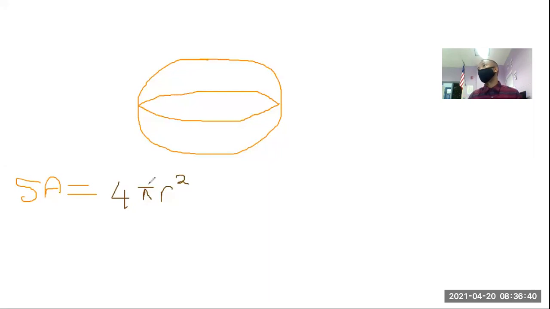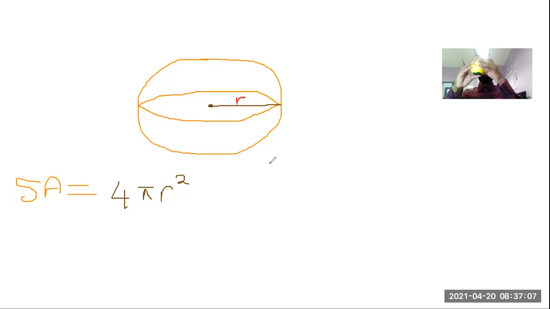That's the formula. Once you know what r is, all you have to do is put r in and solve it. With this, I'm going to put a dot right there, just like a circle. There's a middle, and from the middle to one end, that's the radius.